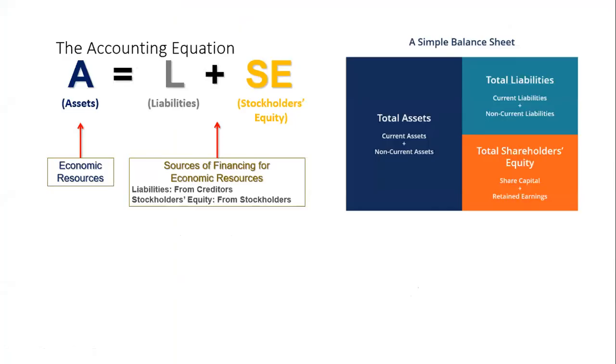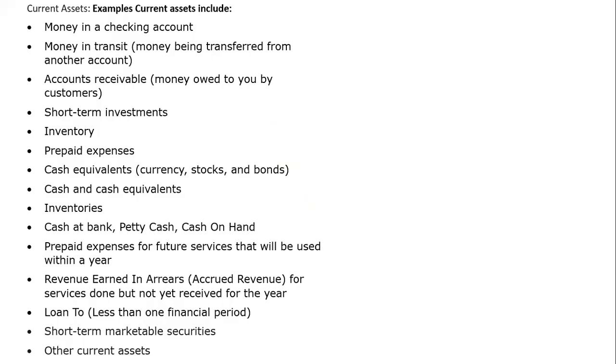So this is the accounting equation which applies so much on the balance sheet. It basically says what you have is equal to what you owe plus what you contributed or what the business generated. It's as simple as that. It will never change.